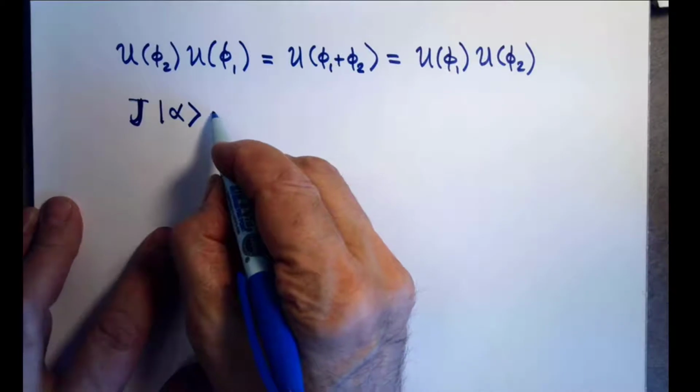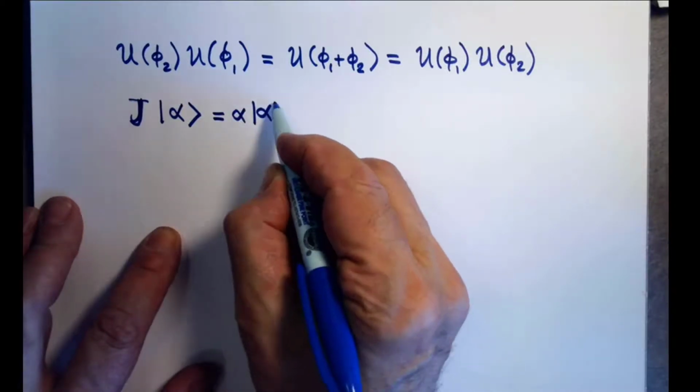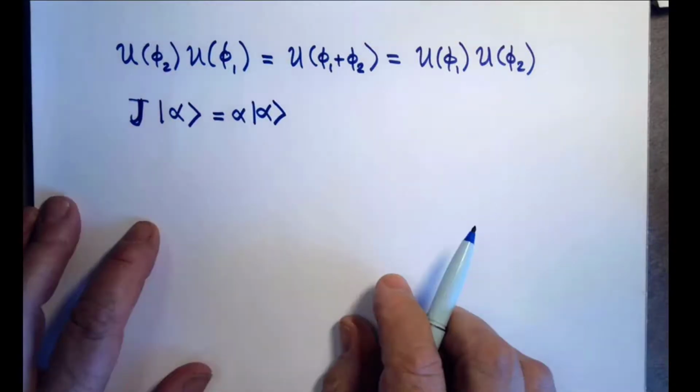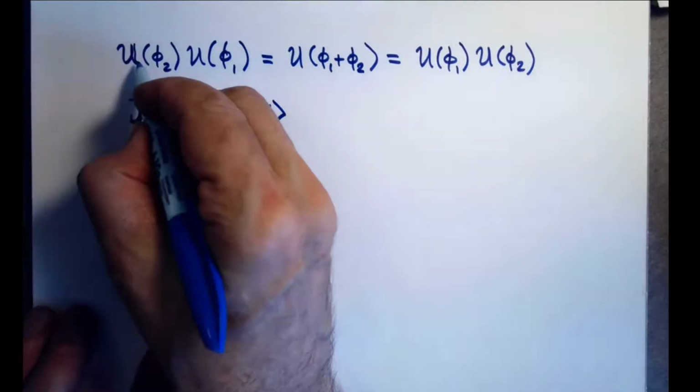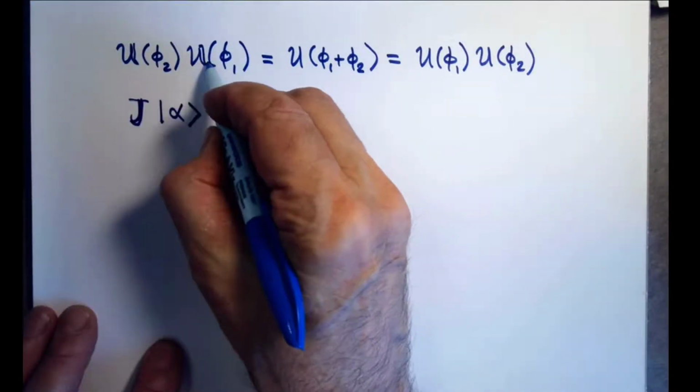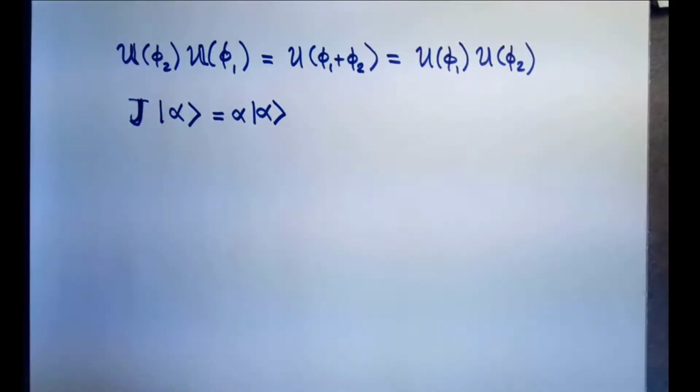We would like to find eigenvectors and eigenvalues of whatever is generating this representation U. And U is some matrix representation, unitary, but it could be any dimension. And J is the generator.